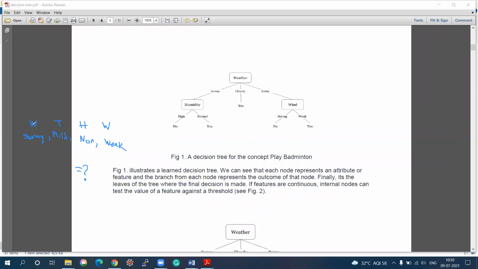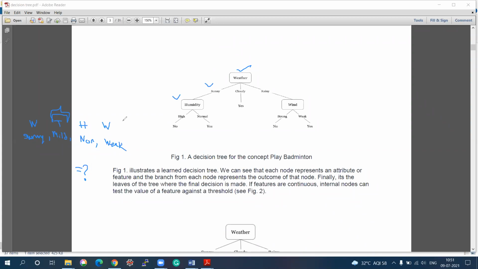Weather is sunny, so we'll take this path. Then we will take the humidity, because in this part we have taken the help of the attribute humidity and we have not used anything for the temperature. We are not taking the decision based on temperature, so there is no necessity for the temperature value, because that is not included in our decision tree.